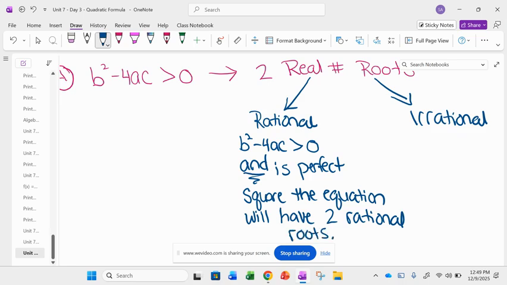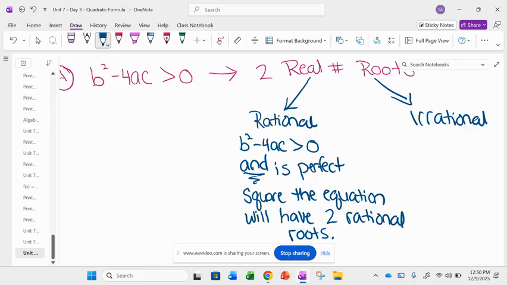And what do I mean when I say is a perfect square? Can somebody give me an example of a perfect square? Lucas? 9. 9 is a perfect square. Is 36 a perfect square? Yeah. Is 25 a perfect square? Yeah. What is a perfect square? Stephen? Yeah, it's the product of a number times itself is a perfect square, right?